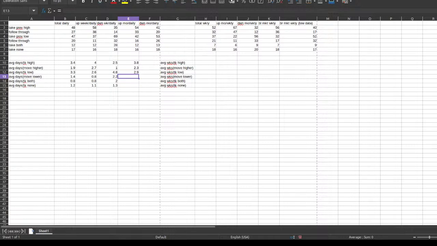And that's 0.16. 1.1. And then taking both sides of the market.